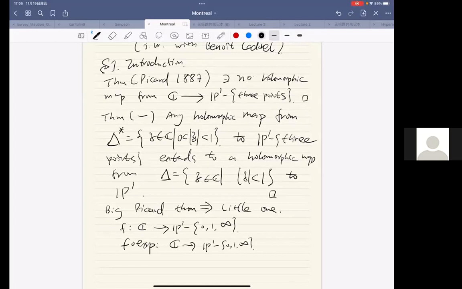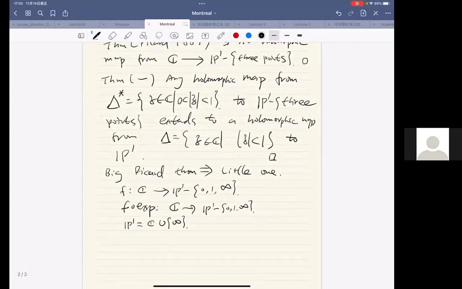Okay, but then we look at P1 as a compactification of C, as the union of C with a point at infinity. Then we apply the big Picard theorem, and we know that this holomorphic map will extend across the point at infinity. In other words, there exists g from P1 to P1, the extension of f composed with the exponential map.